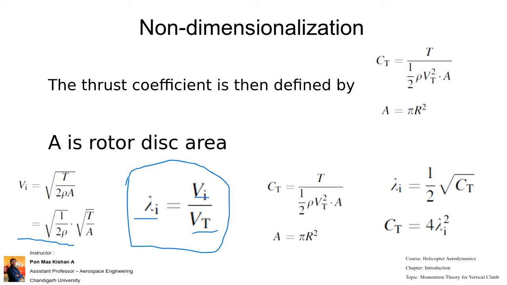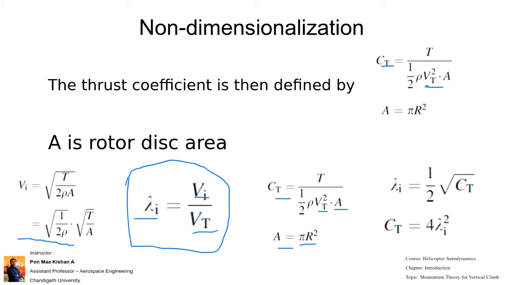So thrust, everyone knows, right? Coefficient of thrust. Thrust is a force, so as we have defined for lift, CL is equal to L by half rho V square S, where S is area, the same here we have given for thrust. Coefficient of thrust is equal to thrust divided by half rho Vt square into area, where area is the disk area, that is pi r square.